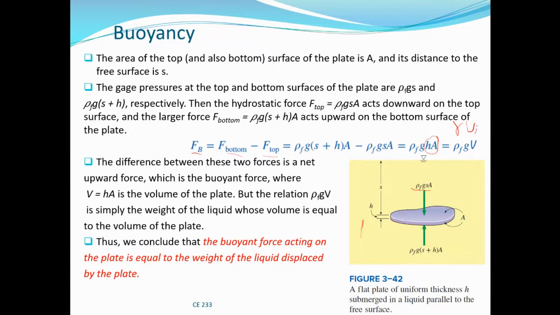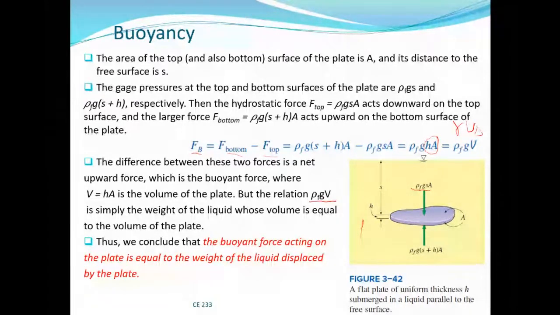But V is the volume of the liquid displaced by the plate. This rho G V is simply the weight of the liquid whose volume is equal to the volume of the plate.